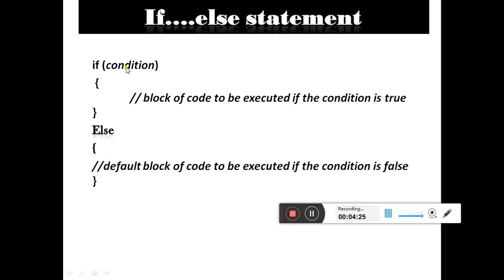If it returns true, that means the condition is true, it will execute the first block, which is called the if block. This block of code is executed when the condition returns true.